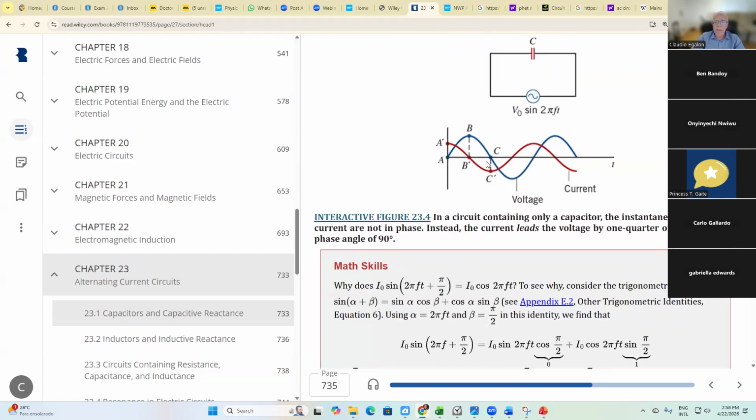When we plot how the current varies with respect to time and how the voltage varies with respect to time, the current is ahead of the voltage. This point here in the voltage is behind this point here in the current.